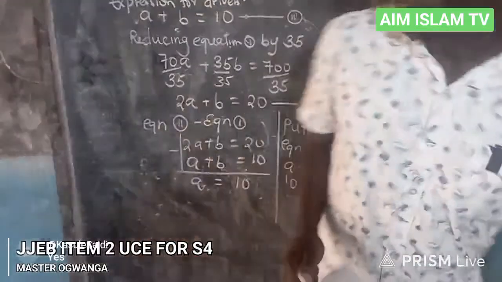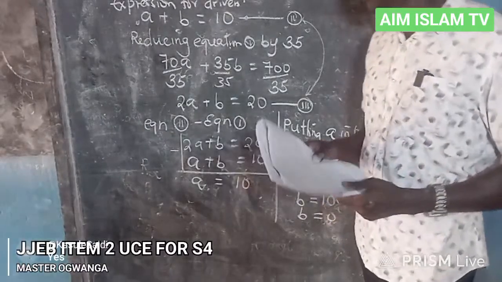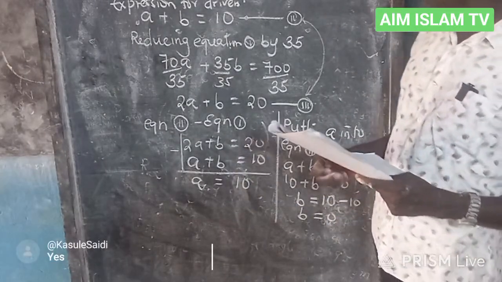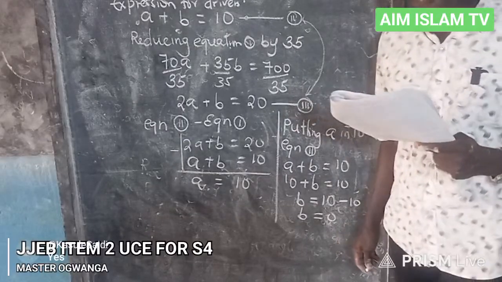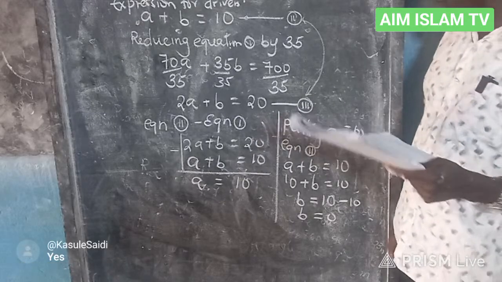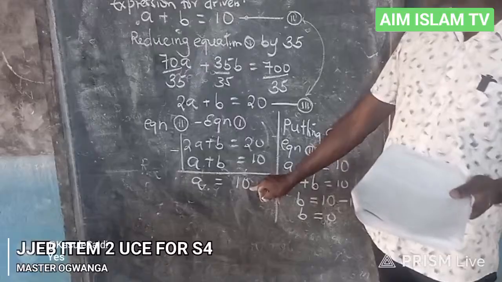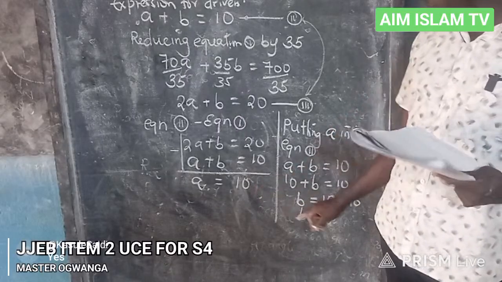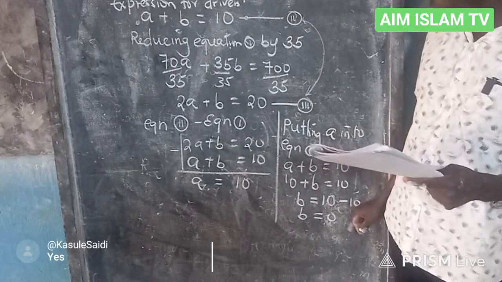So if the value of B is 0, what should we expect as our conclusion here? Since they are asking us to get the number of each vehicle type that should be worked on, we have already seen that vehicle type A, that is the bus, is 10, and vehicle type B, that is the coaster, is only 0.